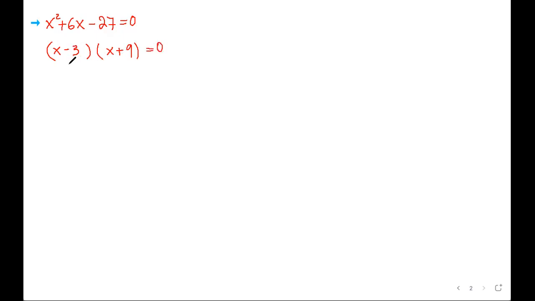Now, by using the zero product property again, it says AB equals 0. This means A equals 0 or B equals 0. So the same thing is here: the first one equals 0 or the second one equals 0.